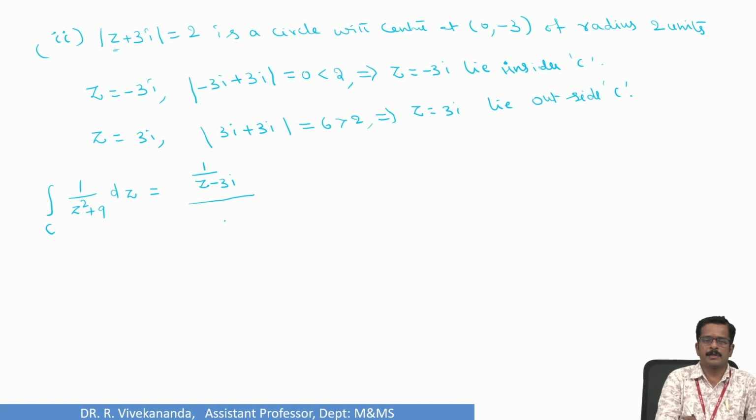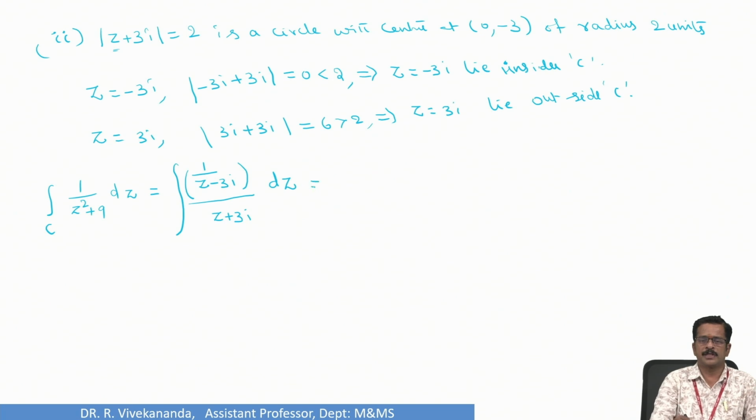The part which lies inside, z plus 3i, is kept in the denominator, because z equals minus 3i lies inside. The singular point z equals 3i lies outside, so I take that factor, z minus 3i, to the numerator.